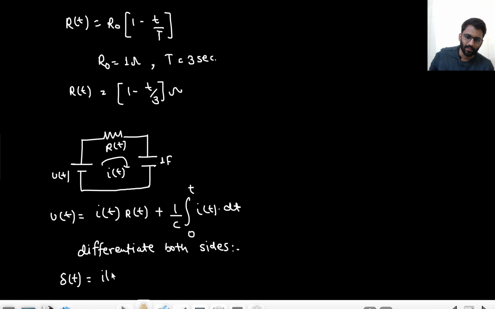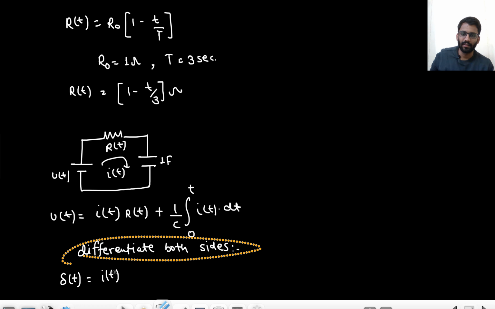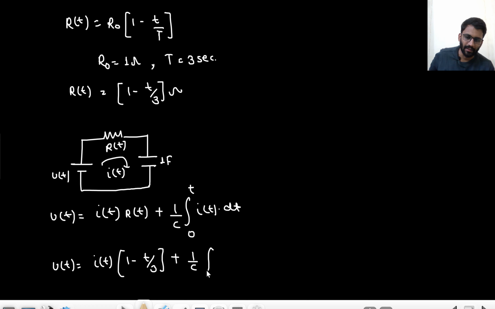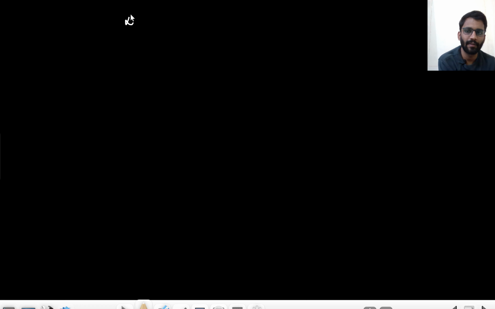Okay, so this one will be interesting. So before differentiating, first I should write the value of i(t), right? u(t), i(t) will remain as it is. What will be the value of R(t)? That would be 1 minus t by 3, plus 1 by C integration 0 to t i(t) dt. Now I can differentiate. So differentiate both sides.